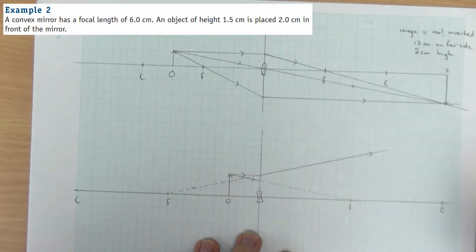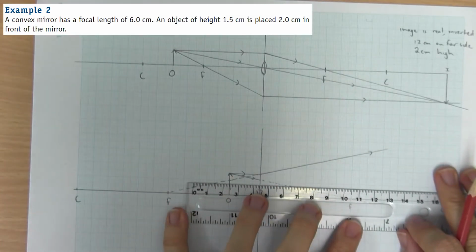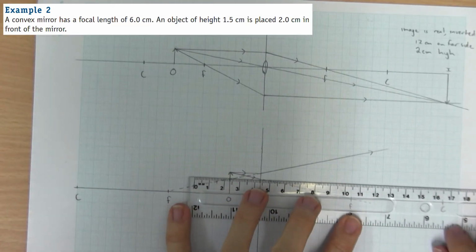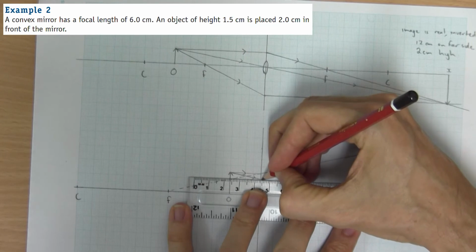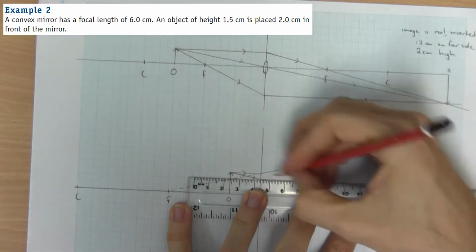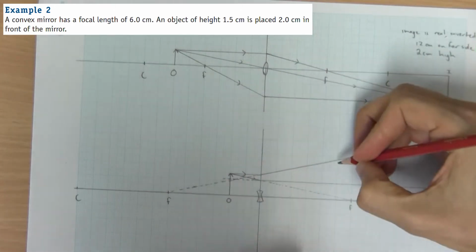It's going that way. It's going to come out of the lens parallel. Let me get this position carefully. Accuracy here really matters because it's a scale drawing. It's going to come out that way, looking like it's come from there.